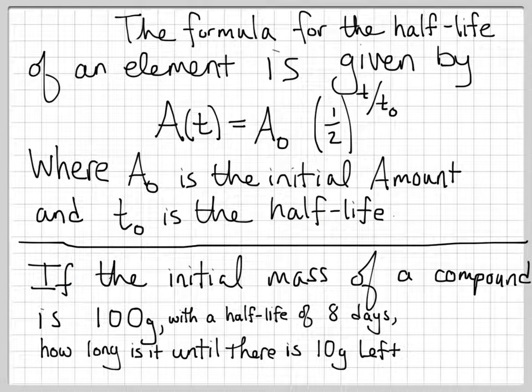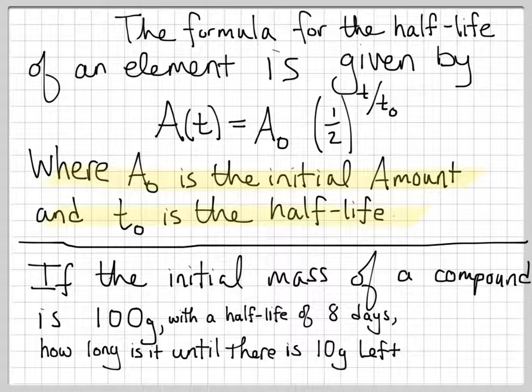Alright, so here is a random logarithm question. The formula for the half-life of an element is given by A of t equals A0 times 1/2 to the t over t0. And so here are some things. A0 is the initial amount, t0 is the half-life.